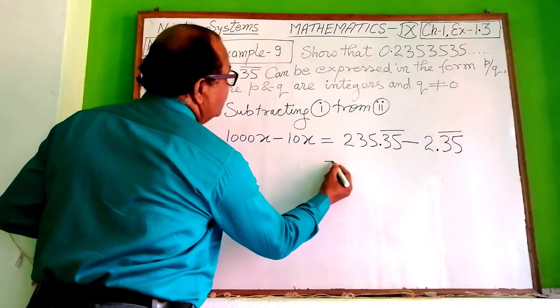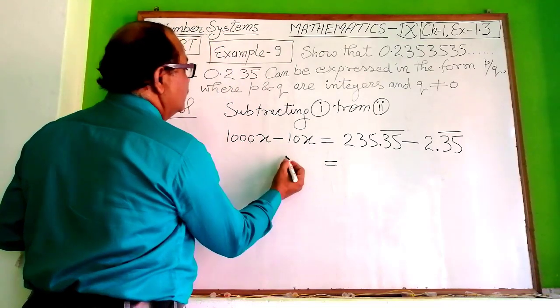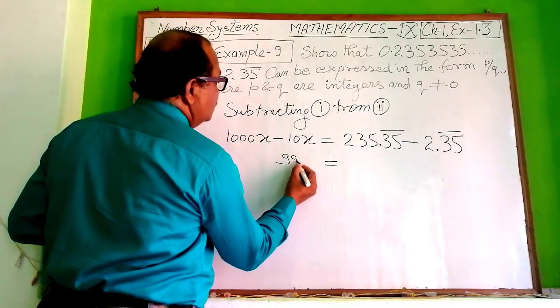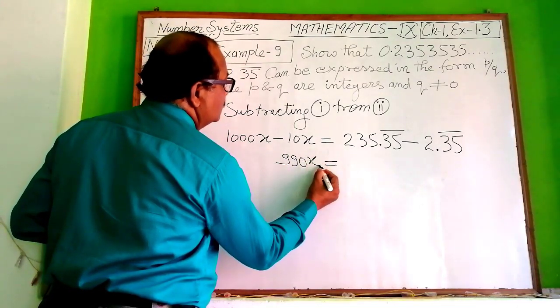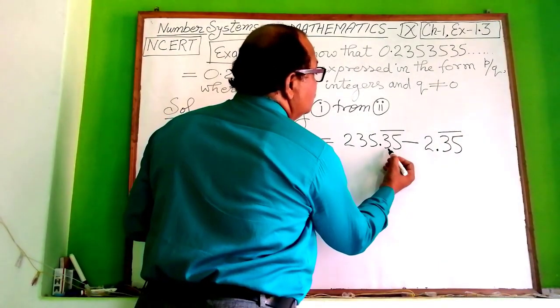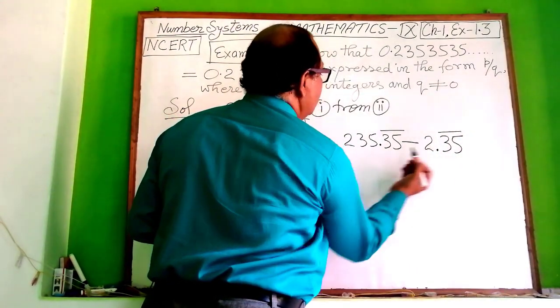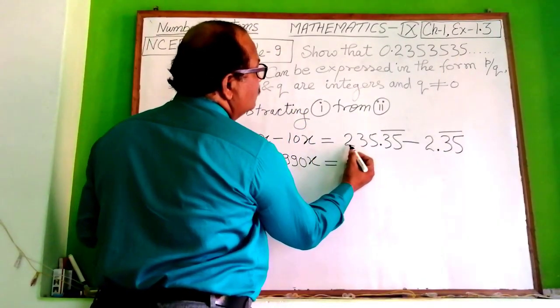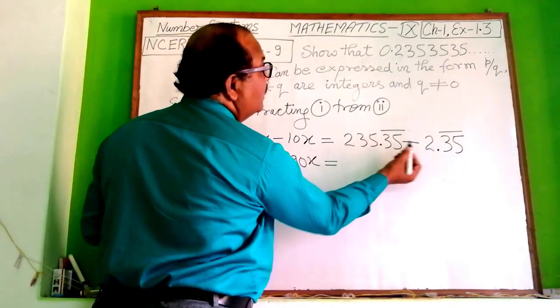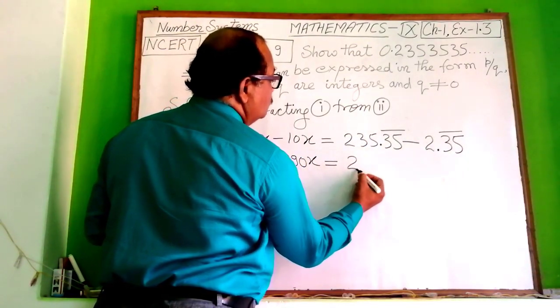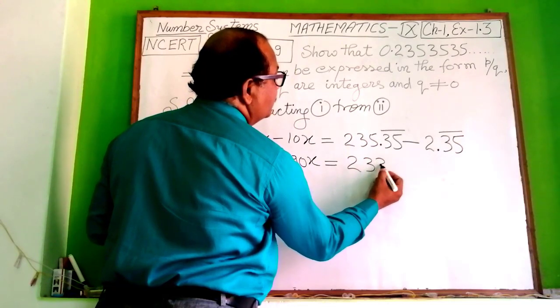So you can see that on the left hand side you get 990x. After the decimal you get nothing; only on this side you get 235 minus 2, so 233.